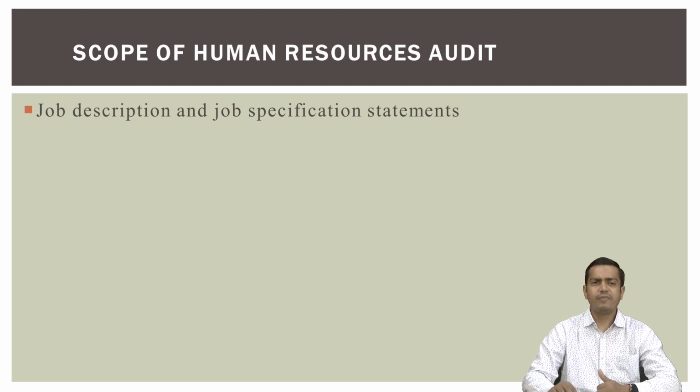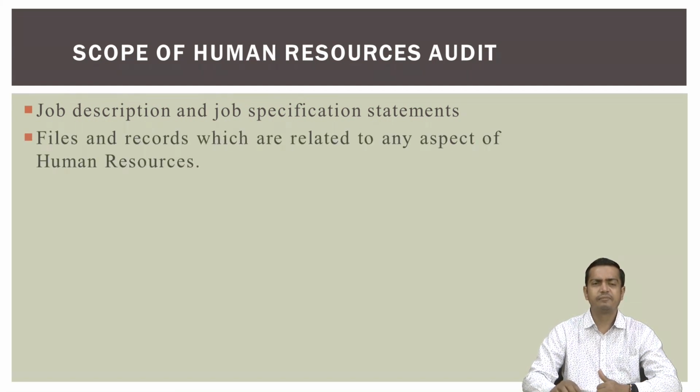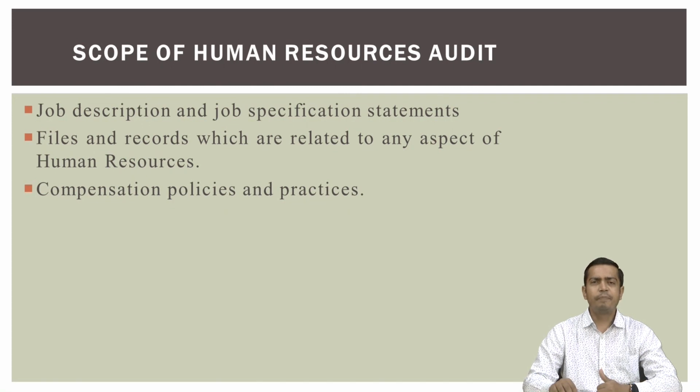So, through human resource, we can gather such statements, files and records which are related to any aspect of human resources. Compensation policies and practices, like what was earlier which you were supposed to offer, from now onwards what changes you have made, along with proper evidences to validate those changes.